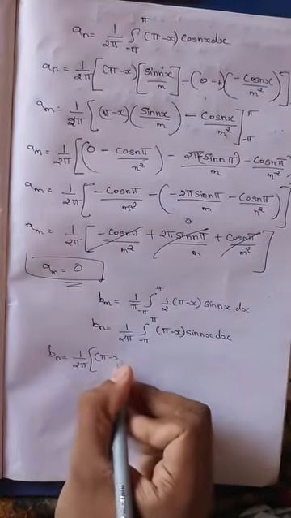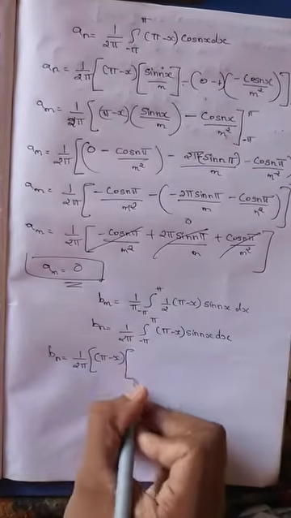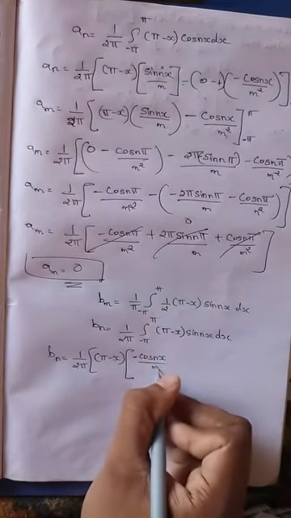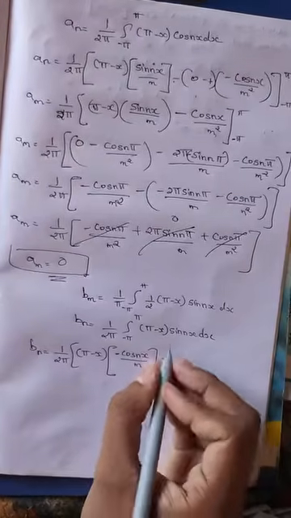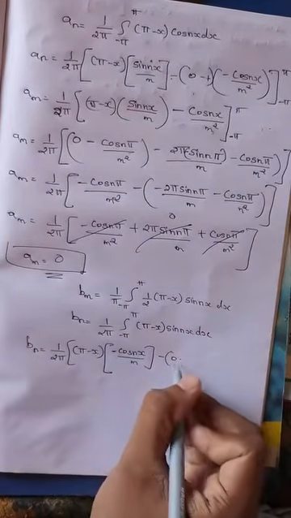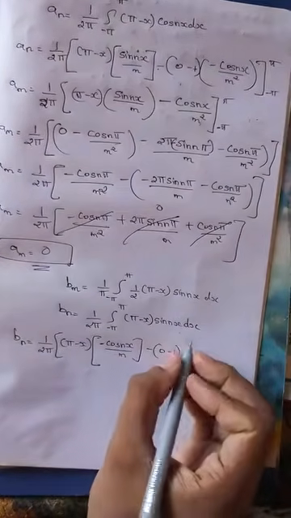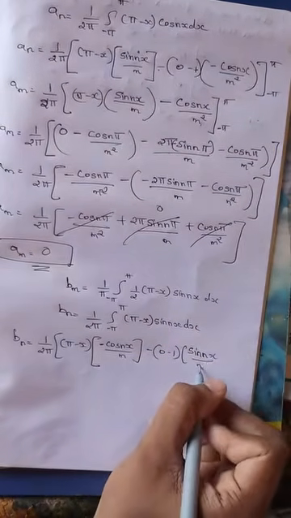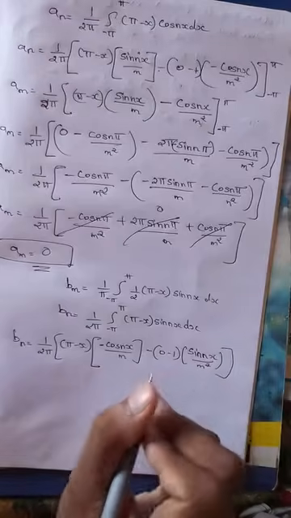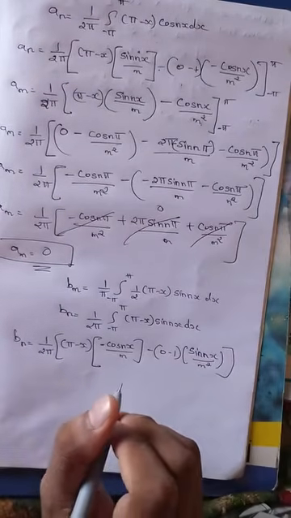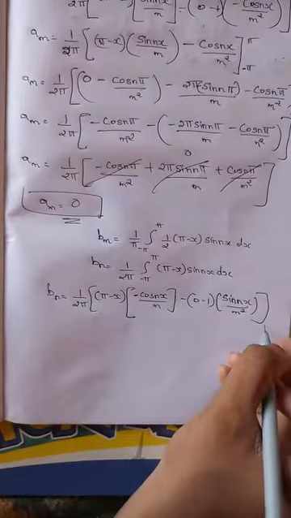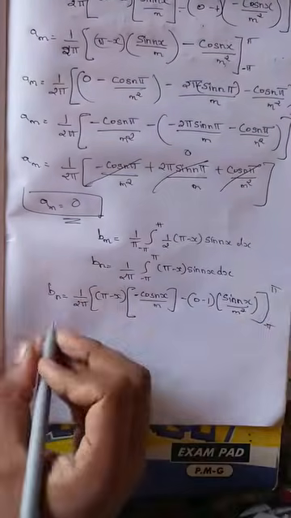First function, integration of second function, that is minus cos nx by n, minus differentiation of first function, that is 0 minus 1, into sin nx by n square, from the interval minus pi to pi.